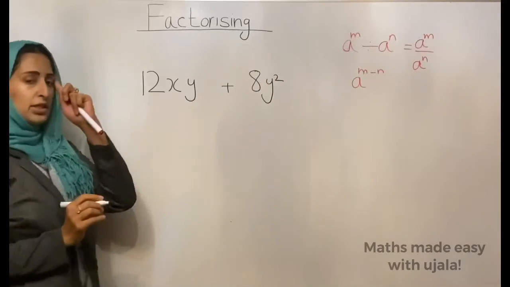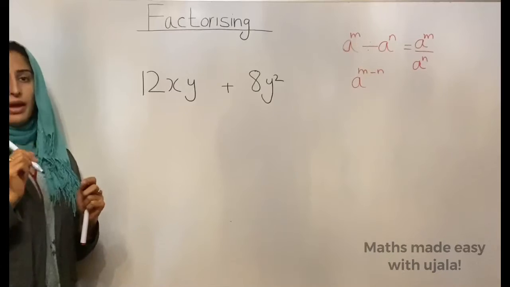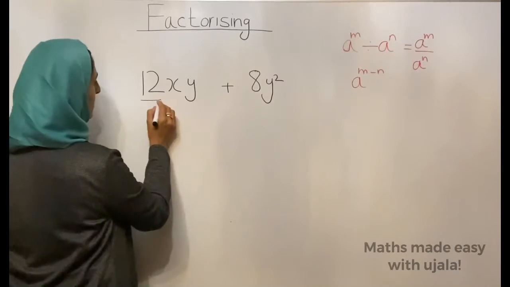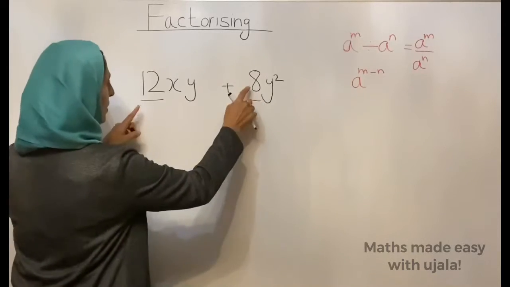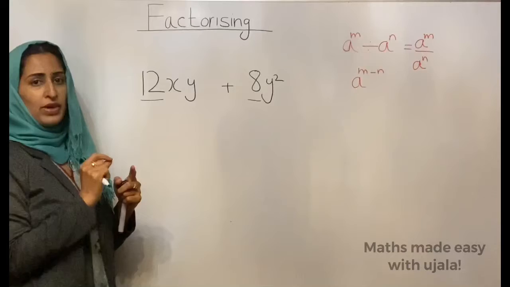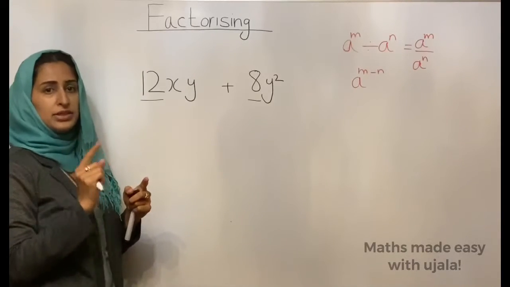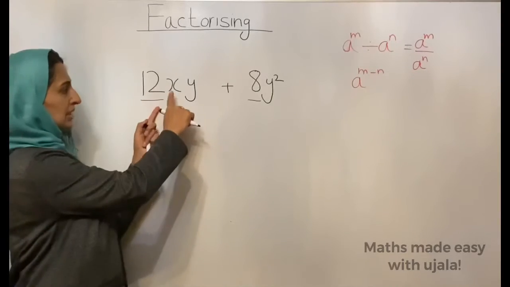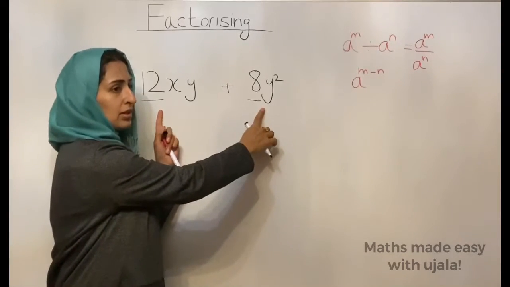So this question contains numbers and letters. I will go for the numbers first. 12 and 8. We have to find the highest common factor for 12 and 8. If I start with the 2 timetable, 2 times 6 is 12, 2 times 4 is 8.